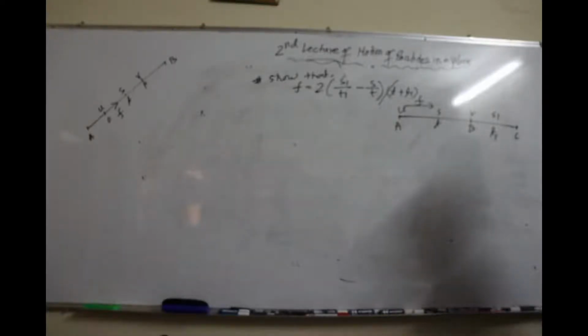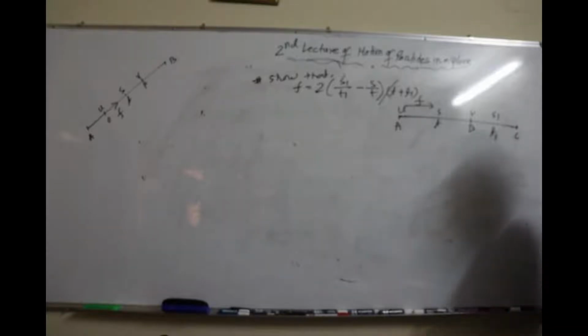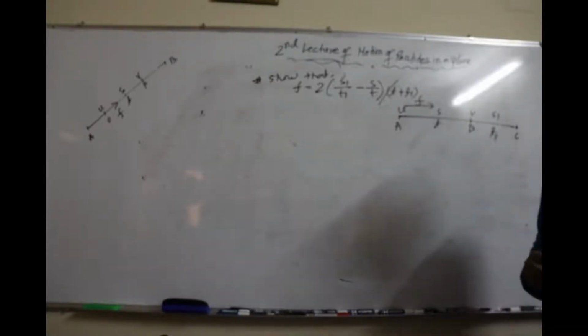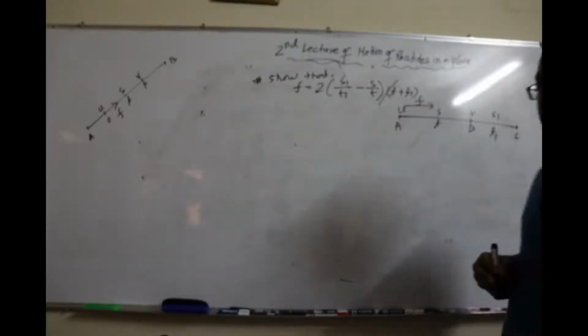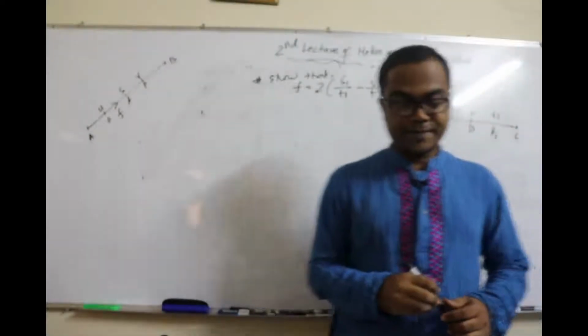So you can write: let the particle move with initial velocity u, uniform acceleration f from the point A, and the path AB equal to s distance in time t.